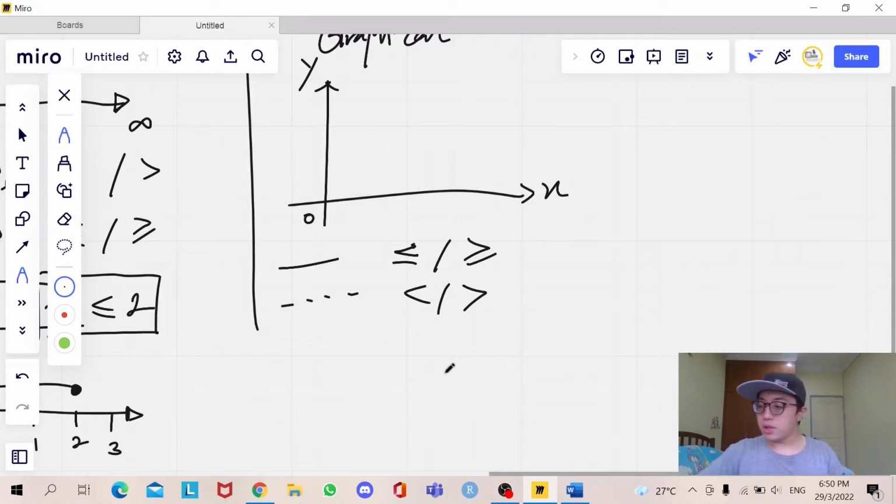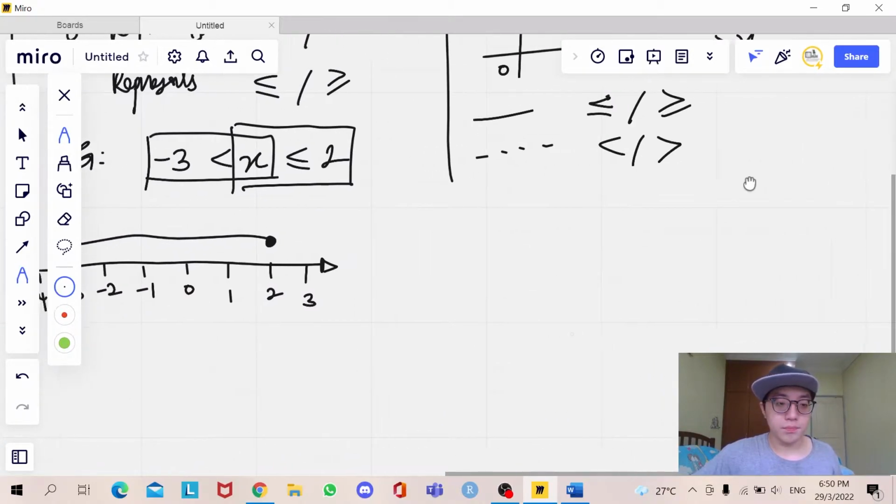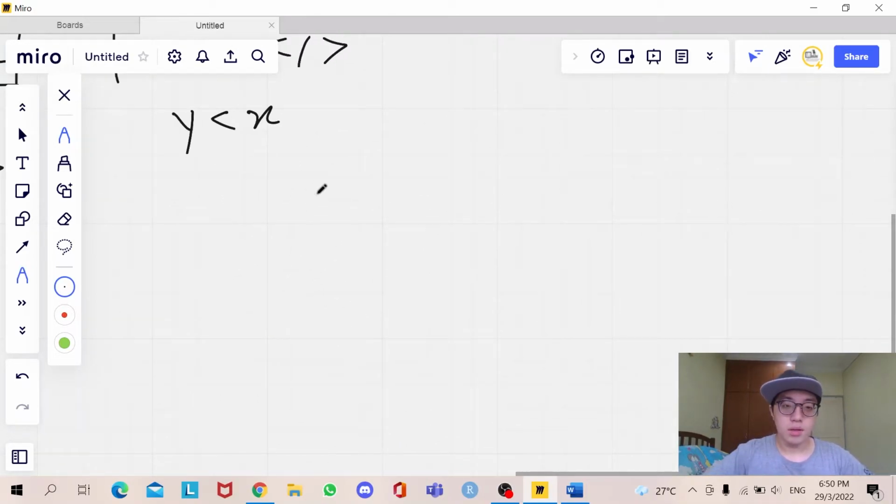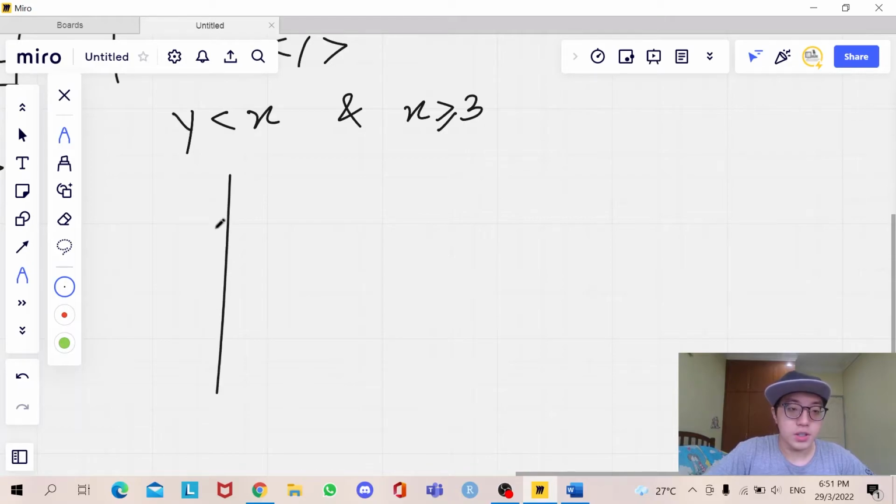All right, so let's look at some examples. If I'm talking about y lesser than x, and x is more or equals to 3, you are to graph these two on the y and x axes.